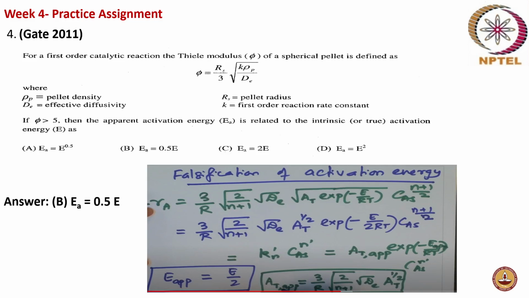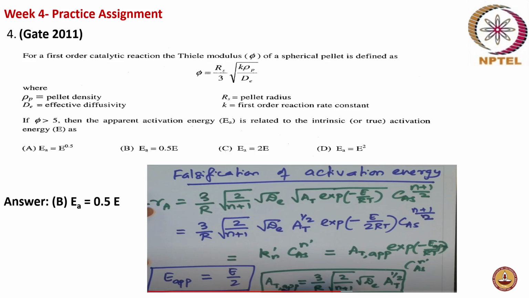So which is equal to 3 by R into square root of 2 by n plus 1 into square root of dE into at power half exponential of minus E by 2 RT. Because of the square root, inside the exponential it has become E by 2 RT into CAS power n plus 1 by 2, which is nothing but equivalent to the apparent kinetics, that is equal to Kn prime into CAS power n prime.